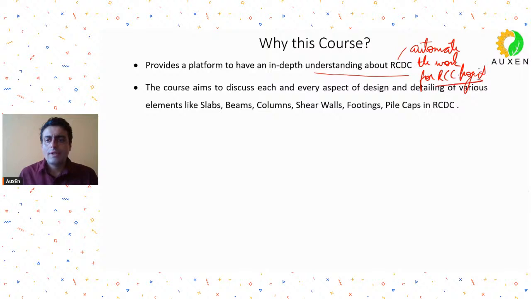Okay. And I think, if you have been doing RCC projects on your own, there's a lot of time we have to invest when we want to do detailing of each and every element like beam, column, etc. Because even though we work on software, usually we are not very comfortable with the software output we get. We don't get very good quality outputs.